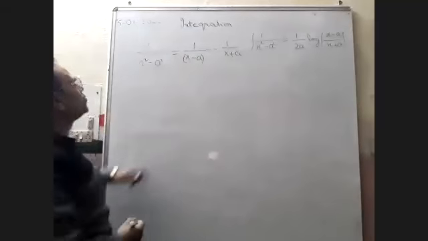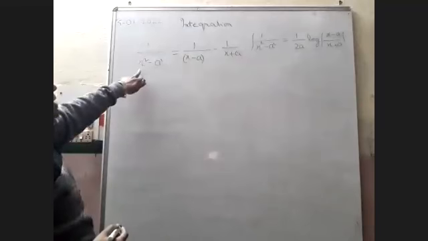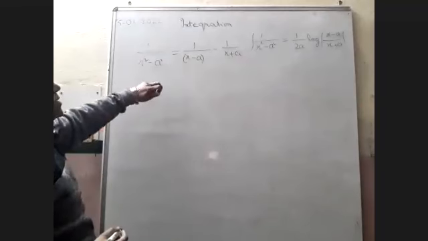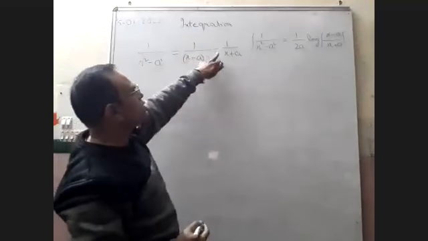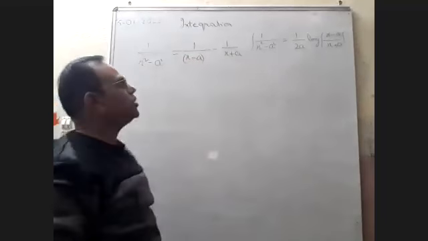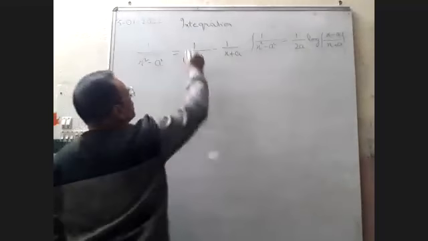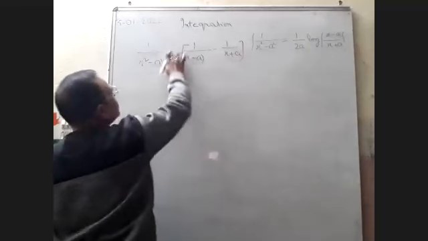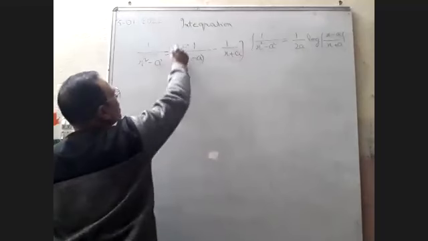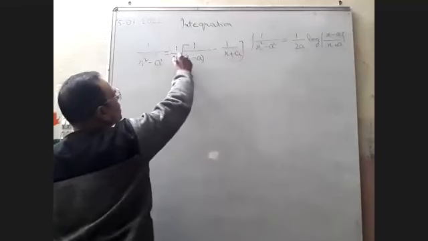If you do the factor, it becomes x minus a into x plus a. Okay? If you take LCM, x plus a minus x plus a, so 2a will be in the numerator. So we are dividing by 2a for getting the value equal to this expression, 1 upon 2a.